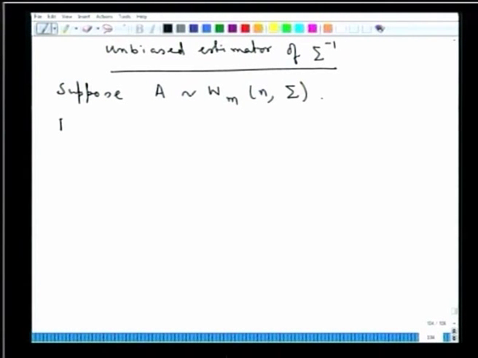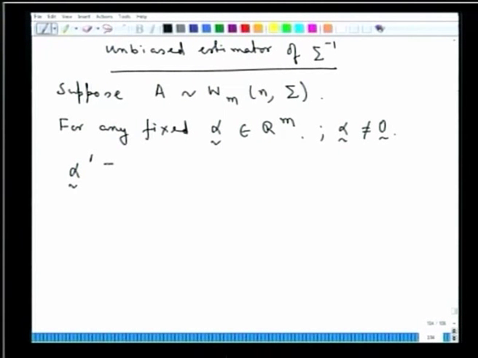Then for any fixed vector alpha belonging to R to the power m, of course we take this alpha vector to be not equal to a null vector, what we can write is the following: alpha prime sigma inverse alpha divided by alpha prime A inverse alpha.